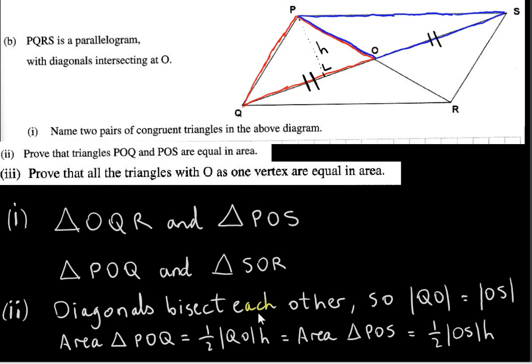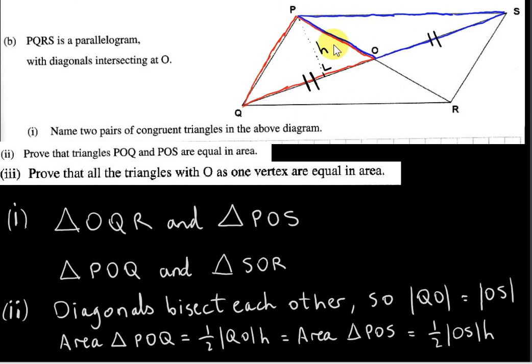So to write this down, you could say that the diagonals of a parallelogram bisect each other, and so you could indicate the two equal sides of these two triangles. So QO equals OS. Then you could indicate the perpendicular height of both triangles.